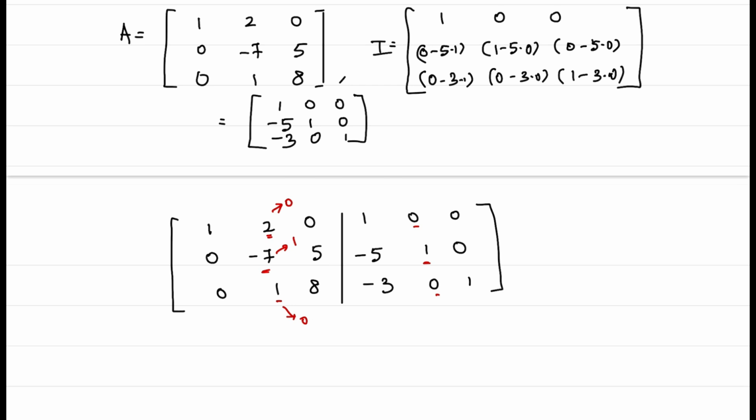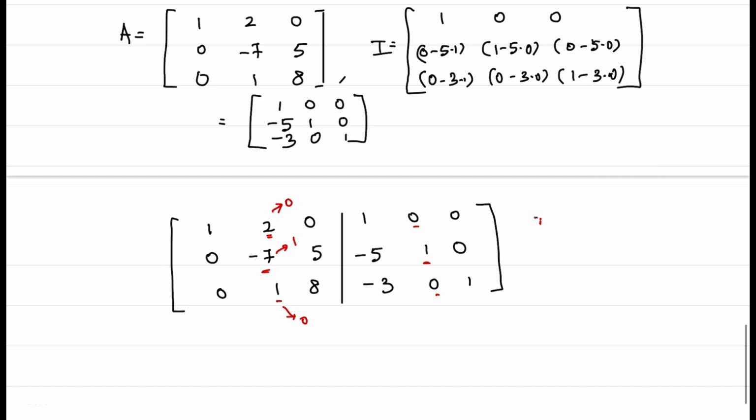How to proceed? Because already in the third row, second column, element 1 is there. Instead of doing the operations again and again, we can interchange the rows.